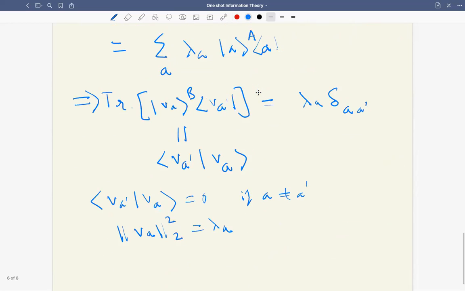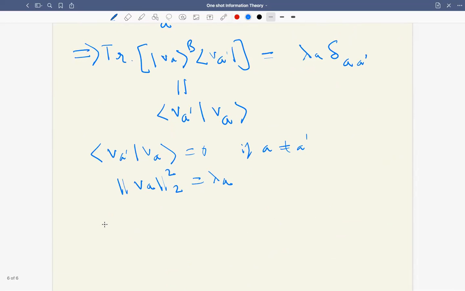So let us use that fact. I've concluded that rho AB can be written in this special form, a sum over A of square root lambda A times, let us call it WA, after orthonormalization.